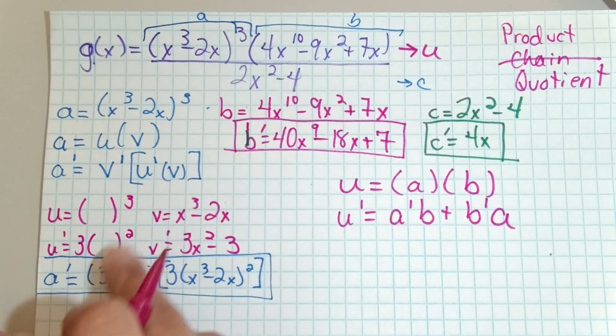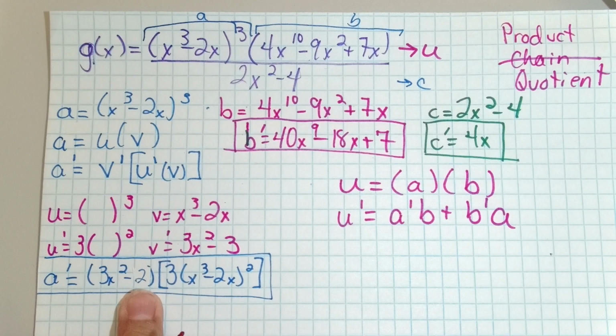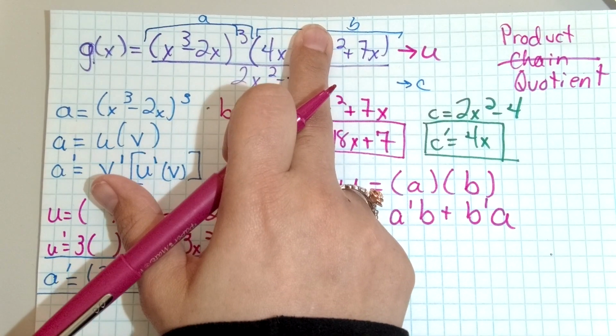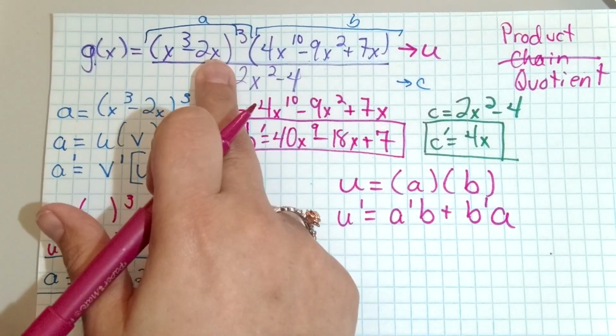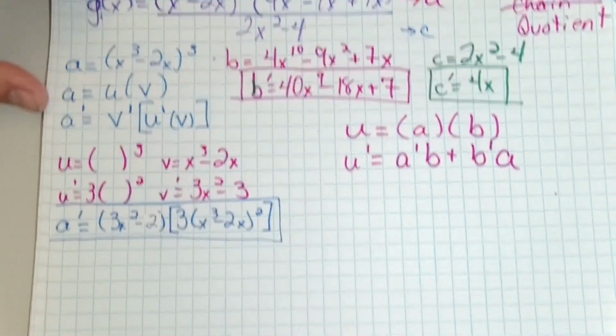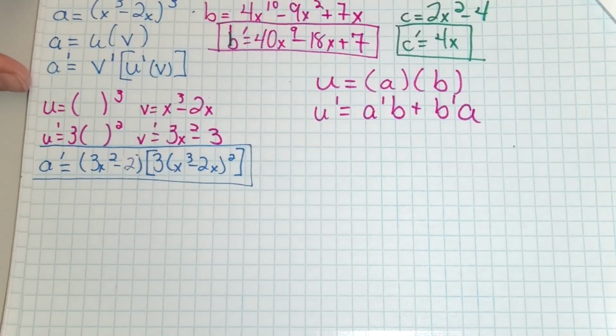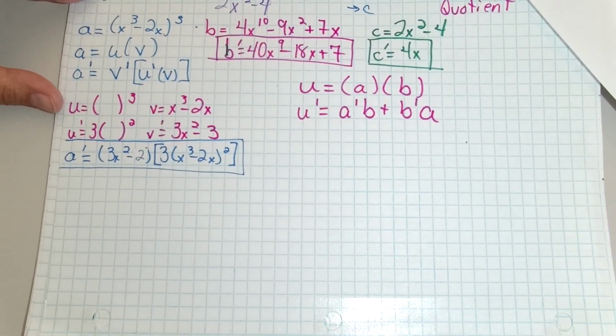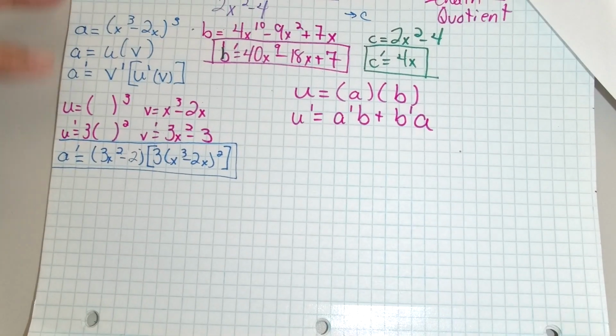Someone put it together. I have a prime here, b, b prime, and a. Okay, this is going to be long, so I'm going to try to make it fit and legible at the same time.